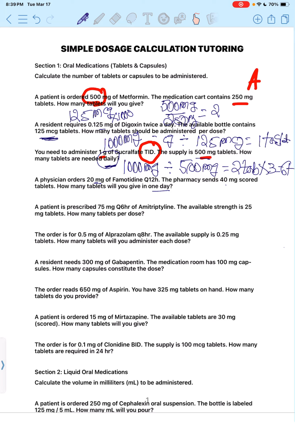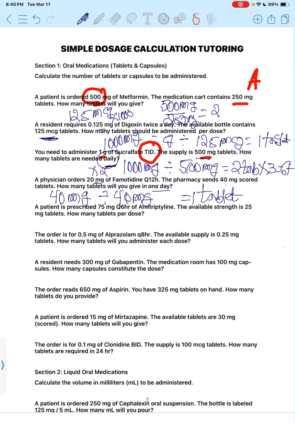But because they ask what I'm going to give in 1 day, I can take what the doctor prescribed to its daily value. I multiply that by 2, so my order will become 40 milligram. I'm going to divide that by my available, which is 40 milligram. By doing that, in one day, I'm gonna give one tablet.